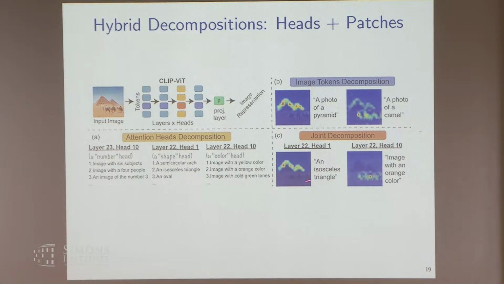So first of all, one nice thing here is once you have these specific things, you can now query the specific components. So there's this shape head with isosceles triangles. You can ask about isosceles triangles in this pyramid thing, and it will give kind of the outline of the pyramids. Now, someone asked, what happens with numbers? Well, it's a symbolic representation of the number, so you would expect that it's just outlines that symbolic representation.